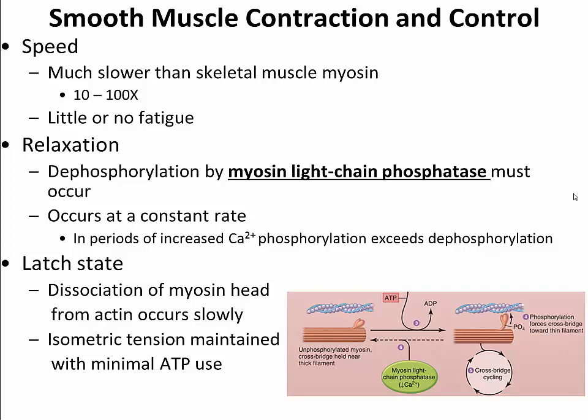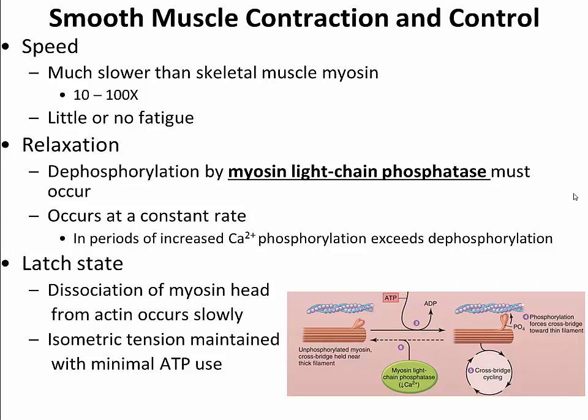So the control over contraction here is not as rapid as we observed in the case of skeletal muscle, but an influx of calcium leads to an increase in phosphorylation, which leads to contraction, and then the removal of that calcium leads to a decrease in phosphorylation, and we still have that constant dephosphorylation mediated by myosin light chain phosphatase, and so relaxation occurs as those calcium levels drop.